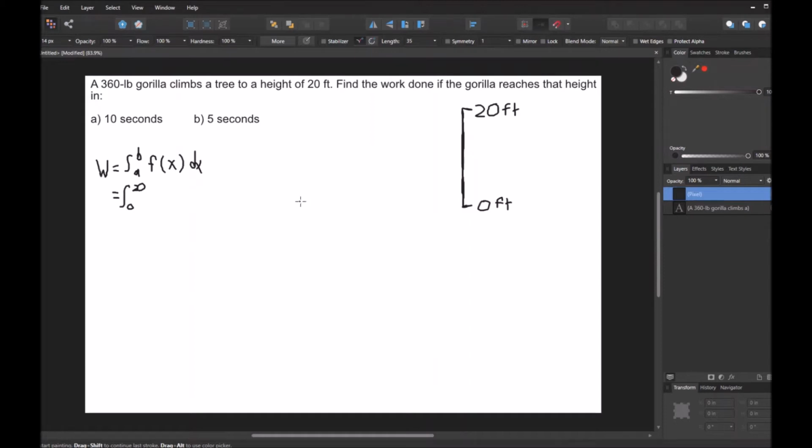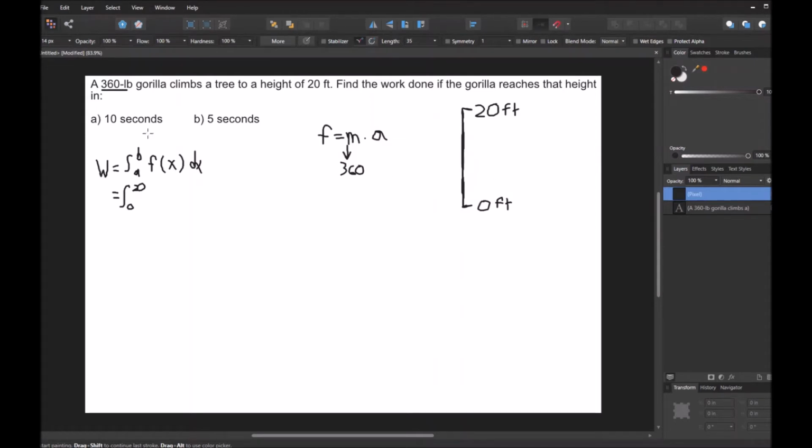If you remember from physics, force is equal to mass times acceleration. We're given that the mass of the gorilla is 360 pounds, so this is going to be 360 pounds. Now the acceleration is going to be a little bit trickier to figure out, but it requires just a thought process. We know that the gorilla is going from 0 to 20 feet in 10 seconds.